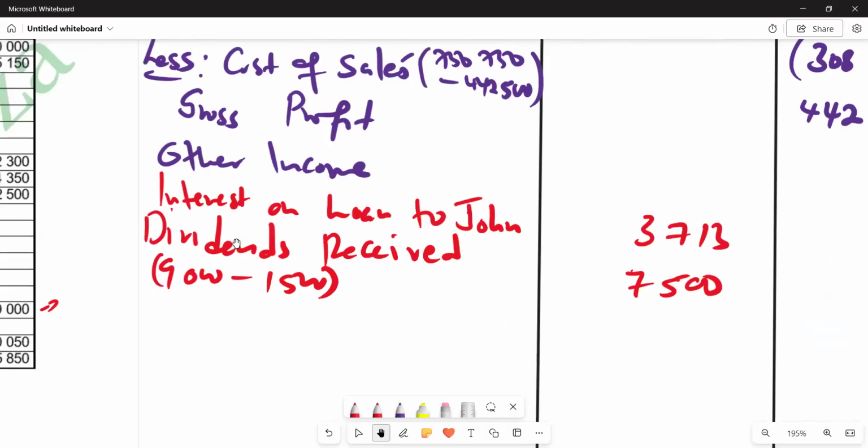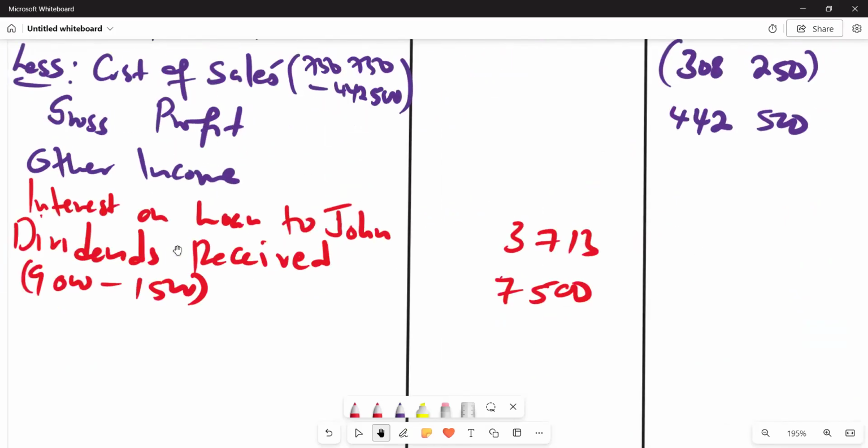So we are going to add the two, whereby we are going to say 3,718 plus 7,500, which we are going to get 11,230.